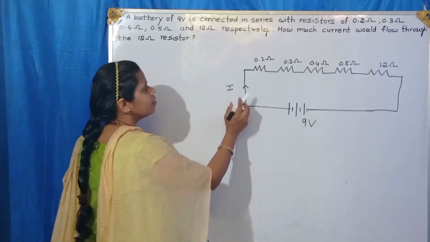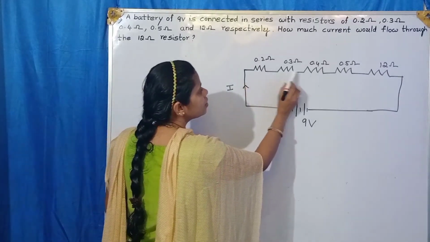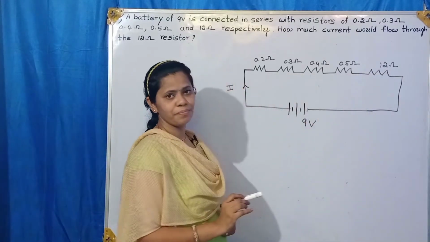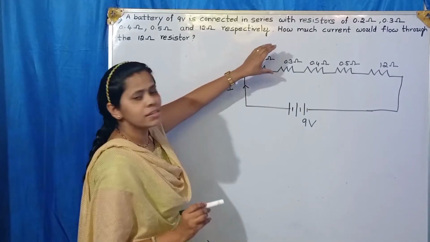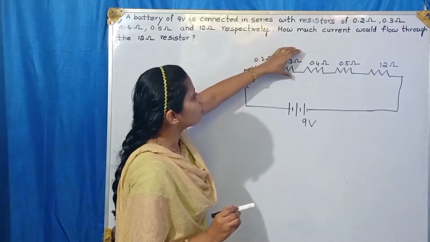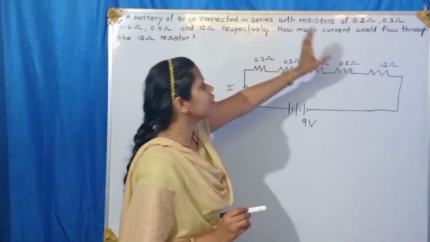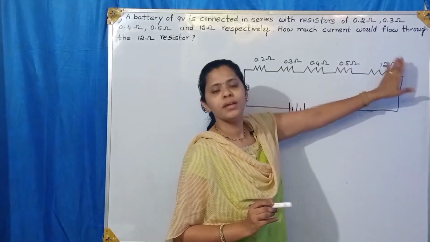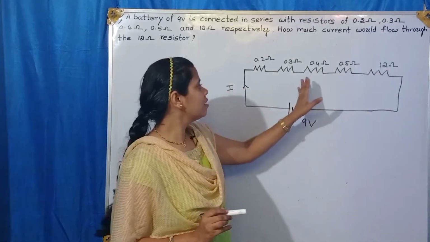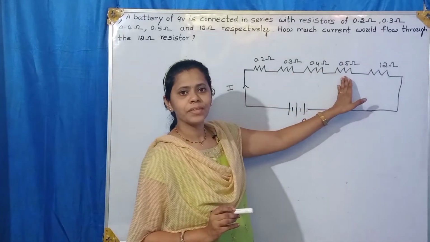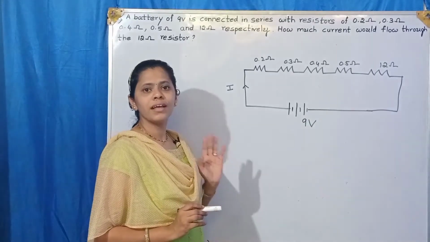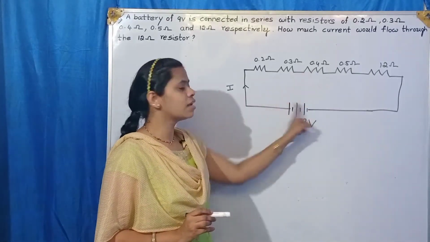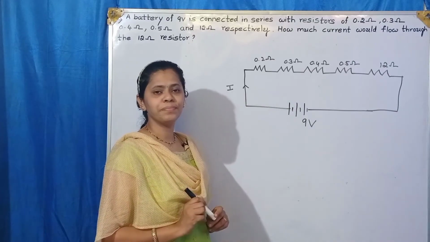It means the current flowing through each resistor is the same. The same current that passes through 0.2 ohm passes through 0.3 ohm, and the same current will pass through 12 ohm, because we have connected them in series. So there will be no distribution of current. The current through the circuit remains the same.